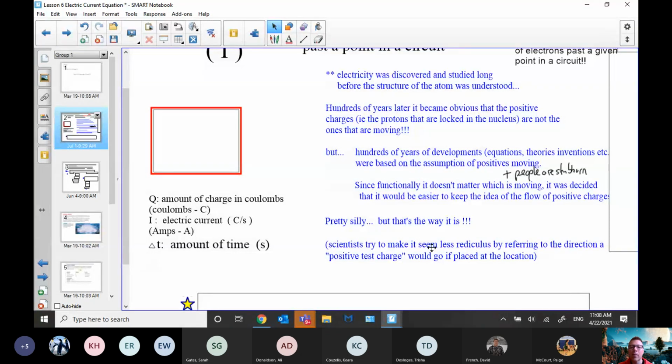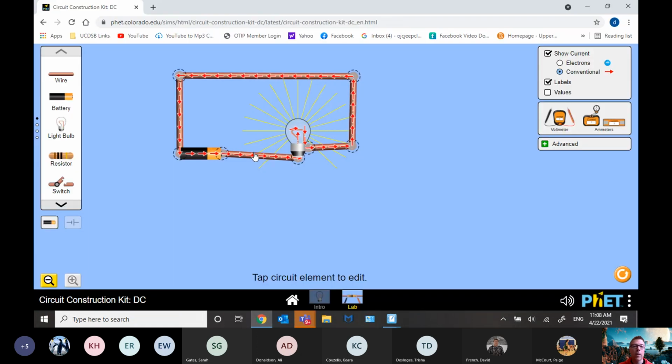So they try and make it seem less ridiculous by referring to the direction a positive test charge would go. If you put a positive test charge in this circuit here, which way would it go if you theoretically did that? And of course, it would go the way the red arrows are showing. In reality, of course, there are negative actual charges, electrons, going in a circuit.